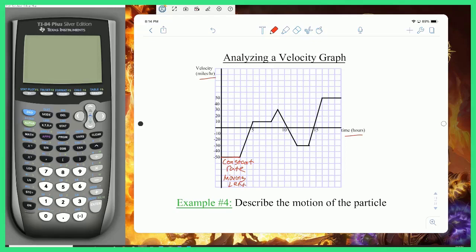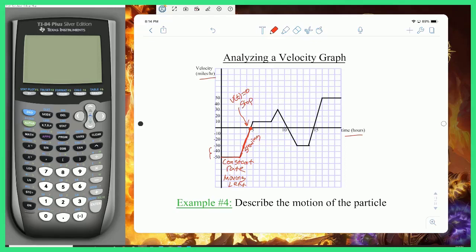Okay? And then what's going to happen is we're now going to be decreasing in speed. Notice my speed here is getting lower and lower as we approach 0. So we are slowing down, decreasing our speed. Right here, our velocity is equal to 0, and that specifically measures a stop.